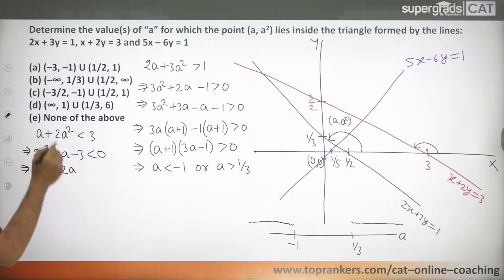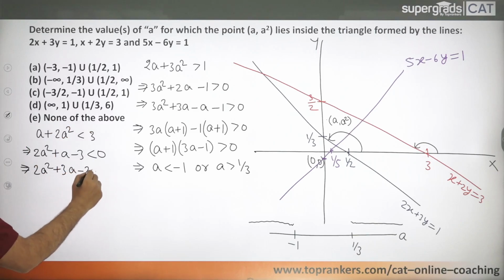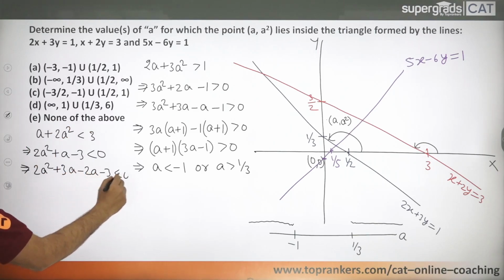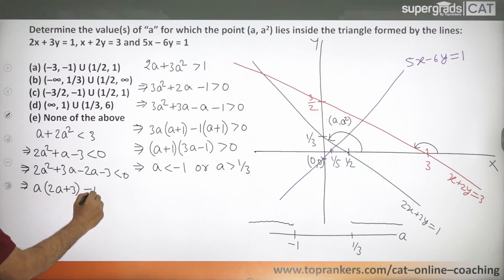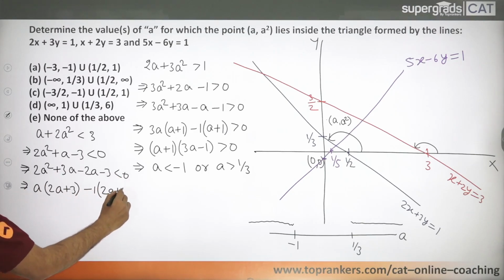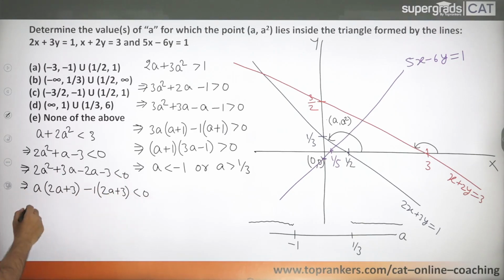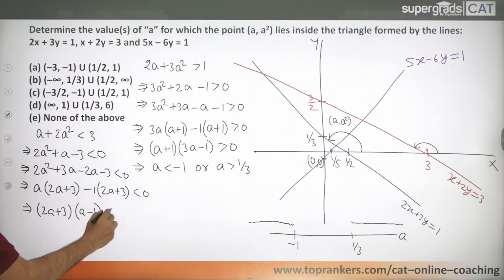So we can break it into 3a minus 2a. 3a minus 2a minus 3 is less than 0. Take a common, we are getting 2a plus 3. Take minus 1 common, 2a plus 3. This should be less than 0. Or take 2a plus 3 common, we get a minus 1 less than 0.